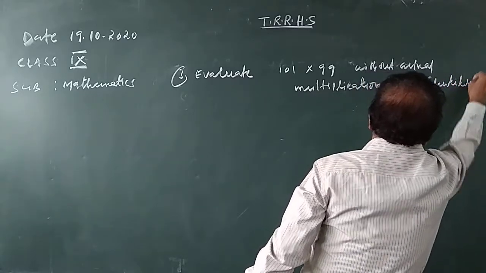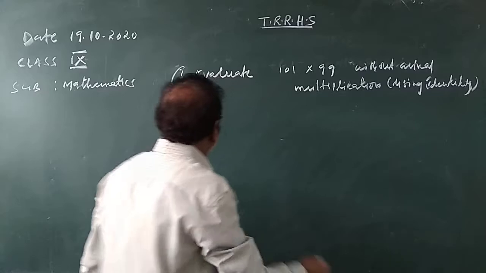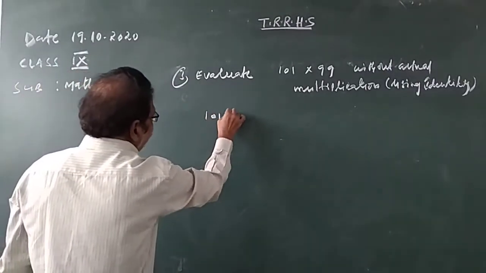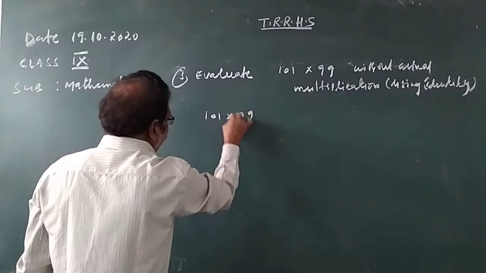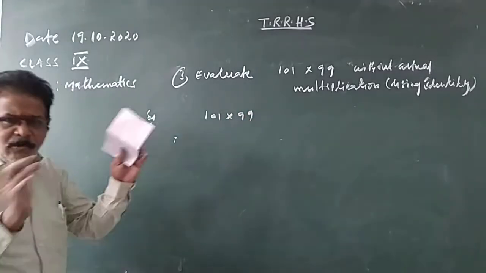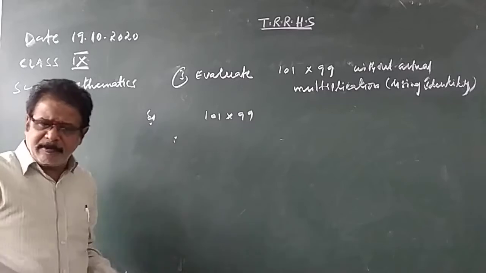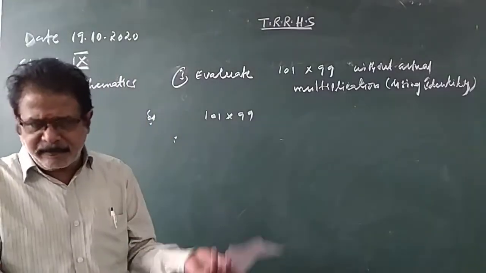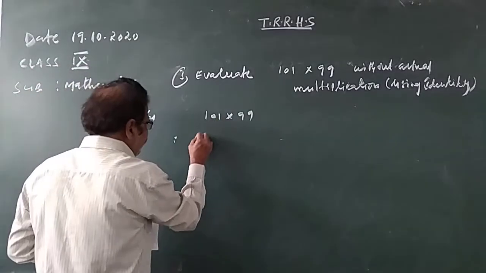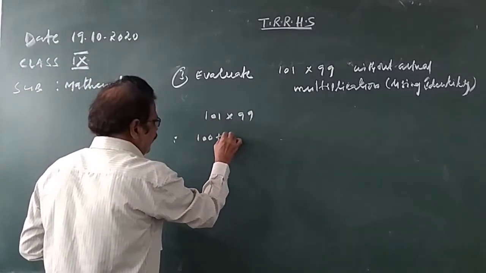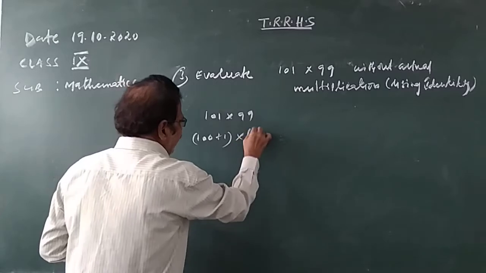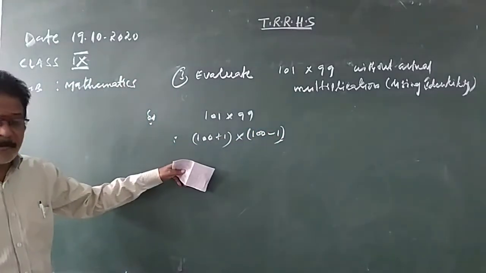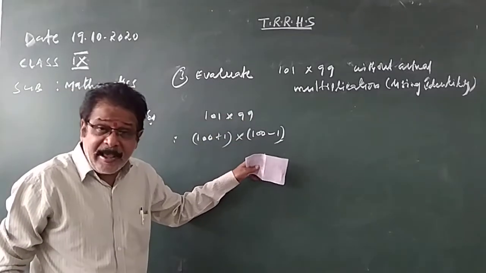What identity can you apply here? To be simplified is 101 into 99. You change it to identity form. It may be (a+b)², (a−b)², or (a+b)(a−b). So 101 can be written as 100 plus 1, and 99 can be written as 100 minus 1.